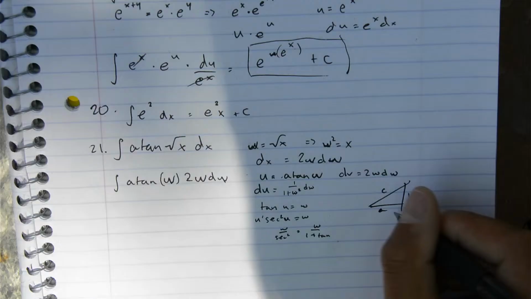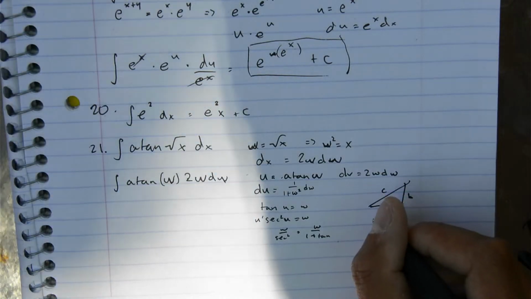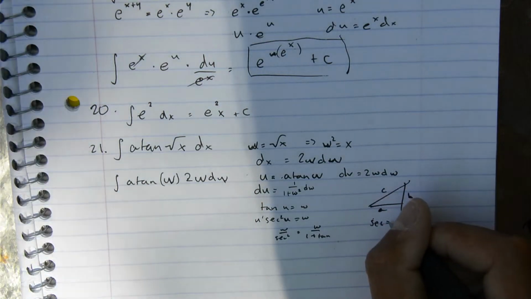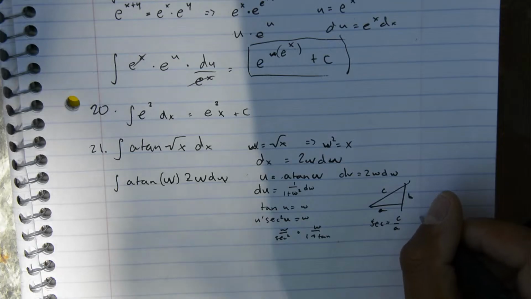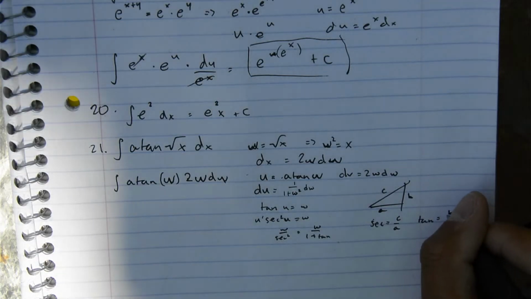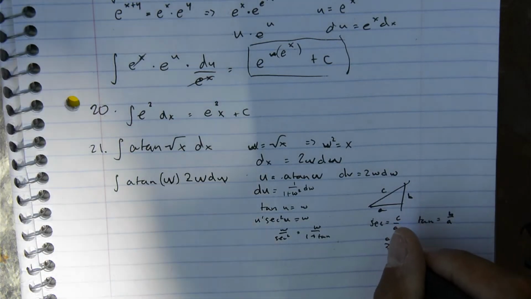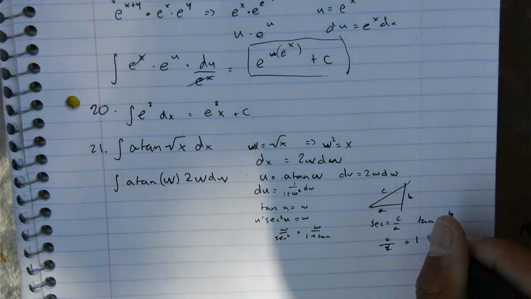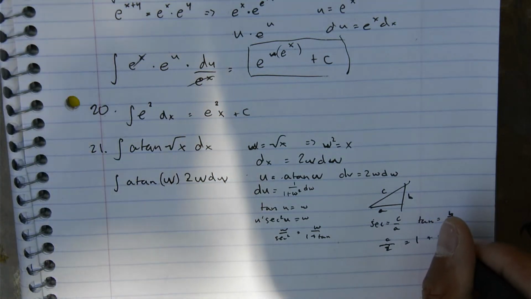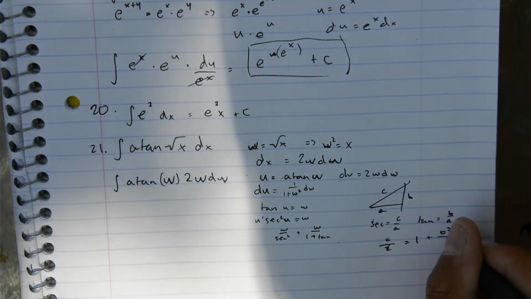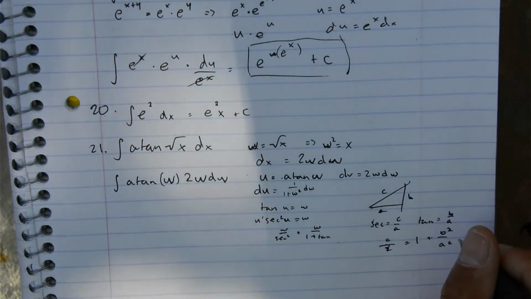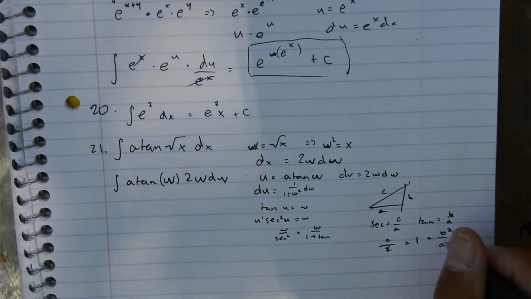I've done this like 1,000 times today. Sec equals c over a. Tan equals b over a. So if we have c squared is equal to 1, yeah, that's correct.